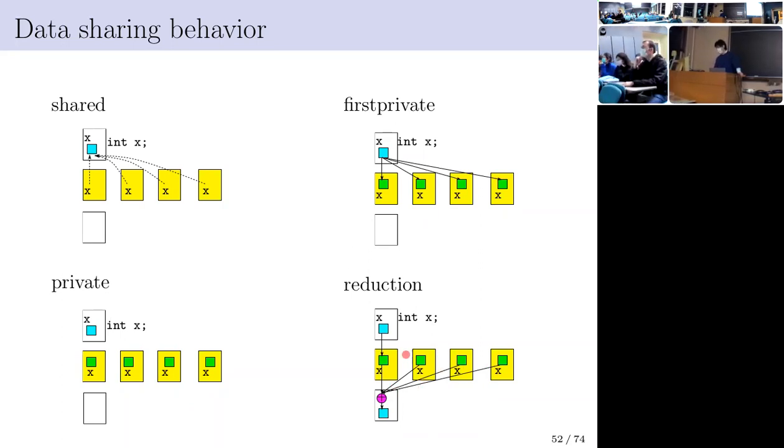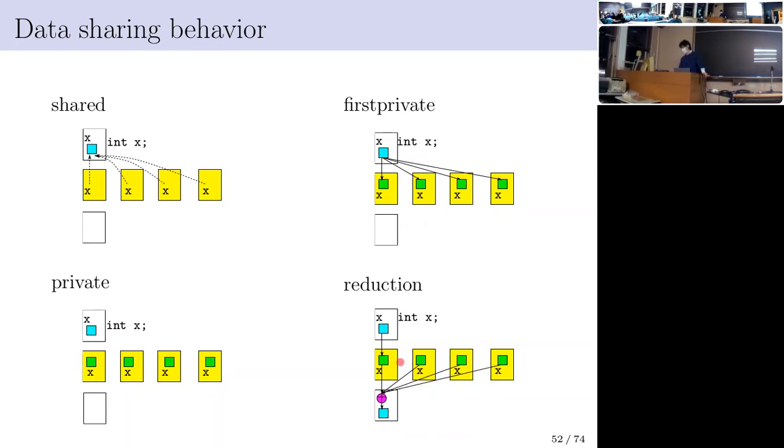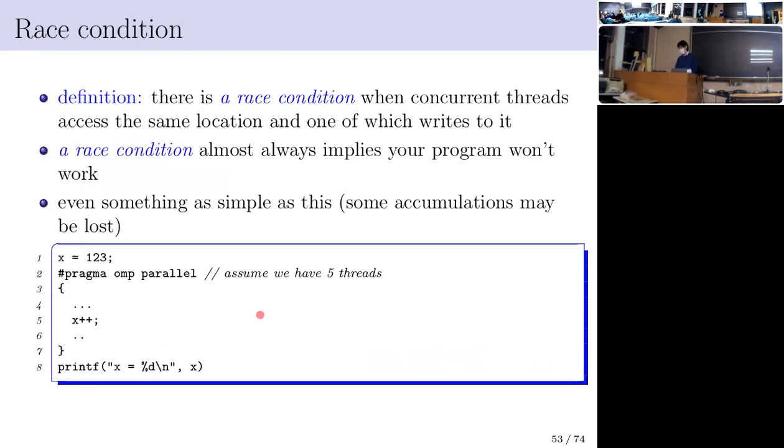But after this parallel region gets finished, these values are aggregated in some way. It may be just adding all of these values into a single value, or maybe you can take the minimum or maximum of these values. So it is actually a very common pattern in parallel programs. I'll get into this later.